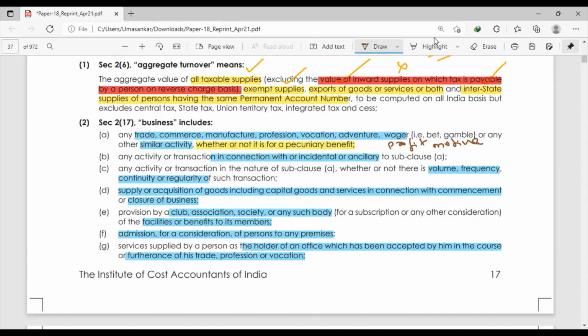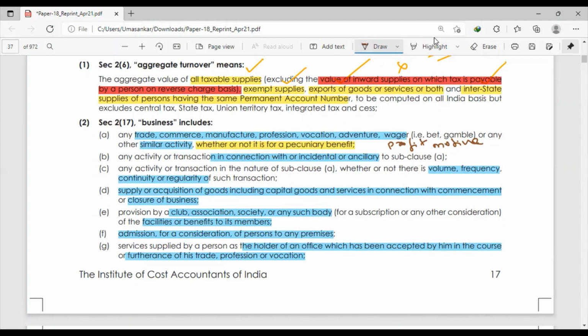Now in simple language, what is your intention? Whether or not you have the intention to earn some profit or income, the trade, commerce, manufacture, profession, vocation, adventure, wager or similar activity will be included in the business. Okay. Next point. Any activity or transaction in connection with, incidental or ancillary to subclause A. Example, sale of old furniture or scrap by a trader of a mobile shop.